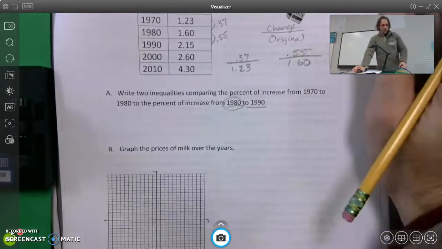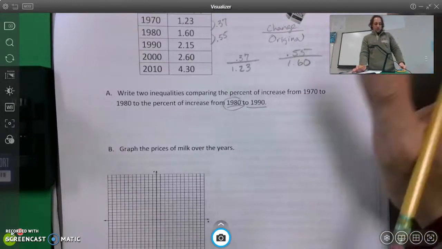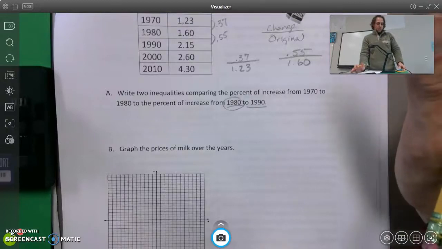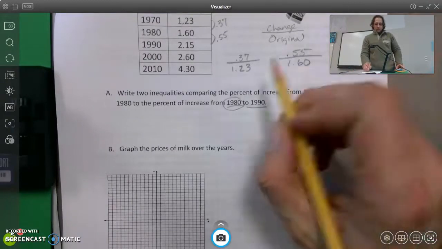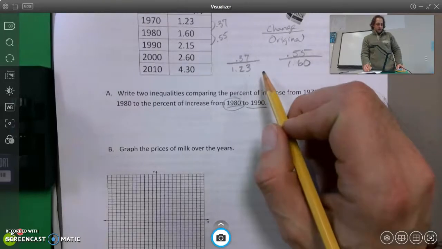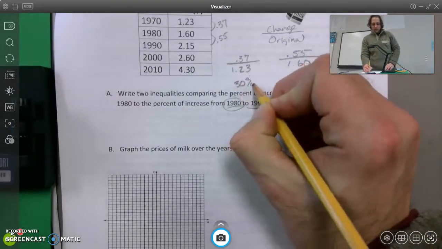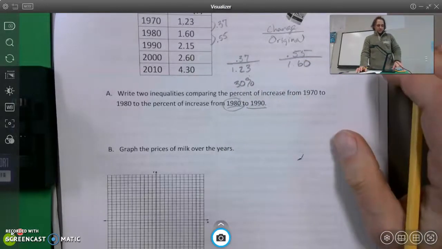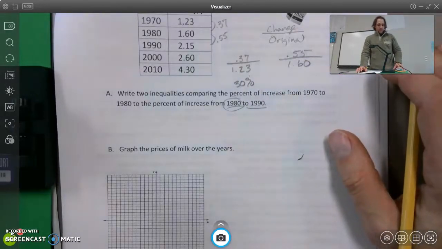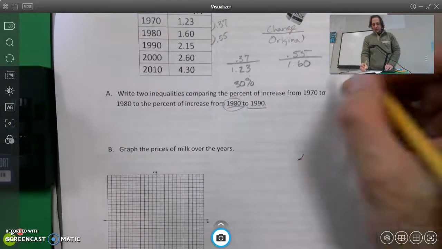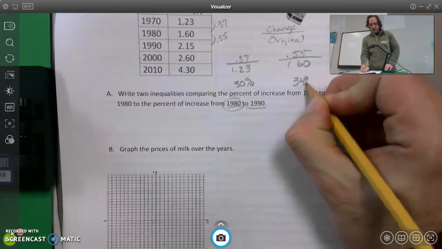So let's see which one actually has the greater percent of change, not the greatest change, but the greater percent. 37 cents divided by $1.23 is a 30% change. 55 cents divided by $1.60 is a 34% change.